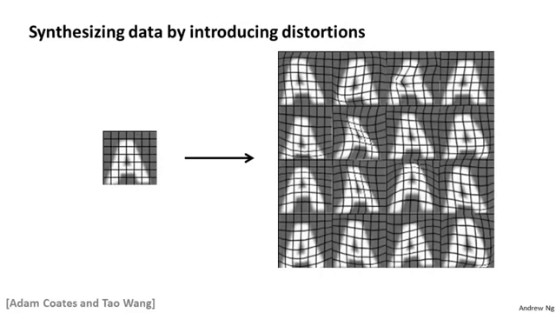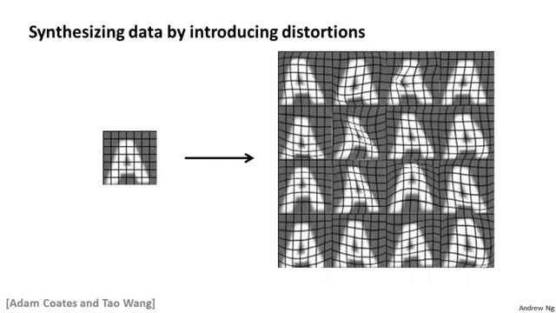Again, in order to do this for a particular application, it does take thought and it does take insight to figure out what are reasonable sets of distortions or what are reasonable ways to amplify or to multiply your training set. And for the specific example of character recognition, introducing these warpings seems like a natural choice, but for a different machine learning application, there may be different distortions that might make more sense.